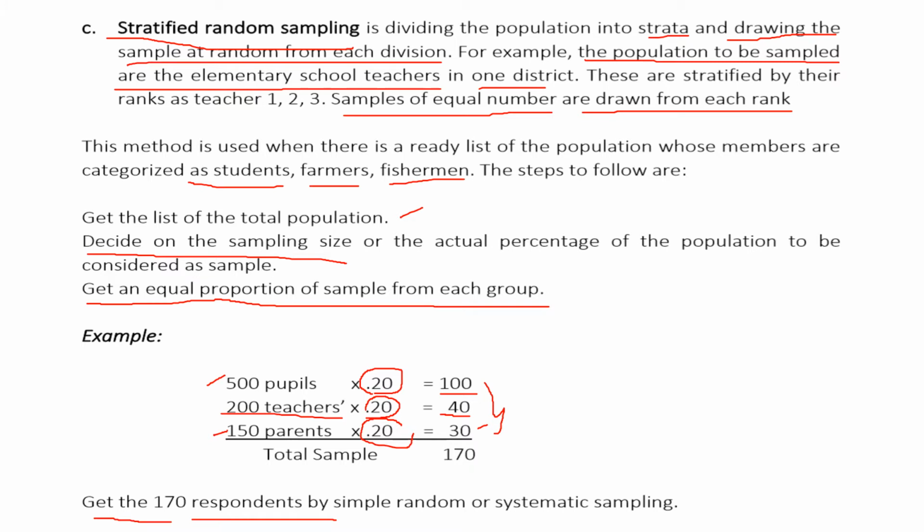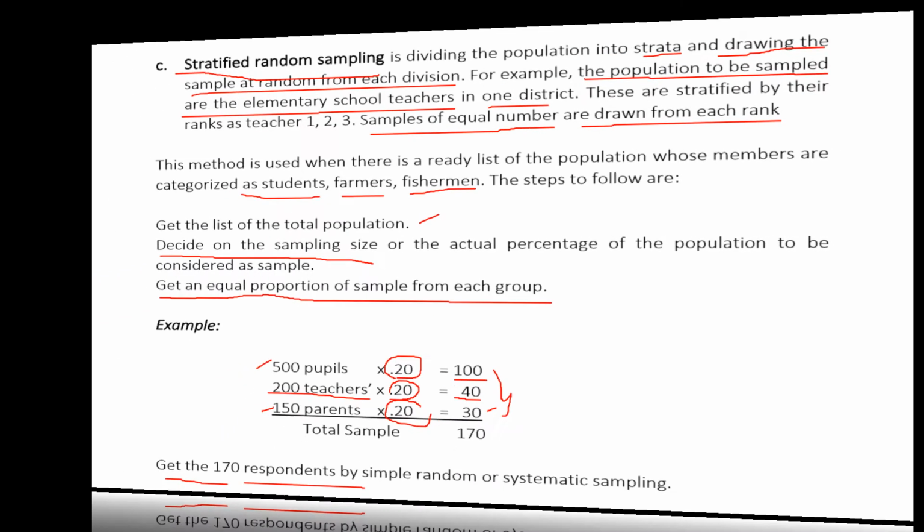So you sort the population into two strata based on gender, that will be your male and female. Then you use random sampling on each group, selecting 80 women and 20 men, which gives you a representative sample of 100 people. So that's how we deal with your stratified random sampling.